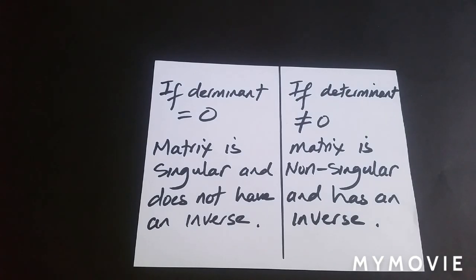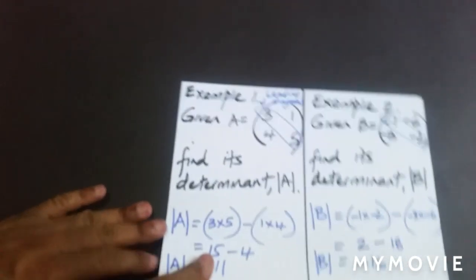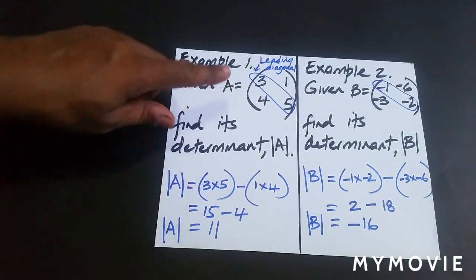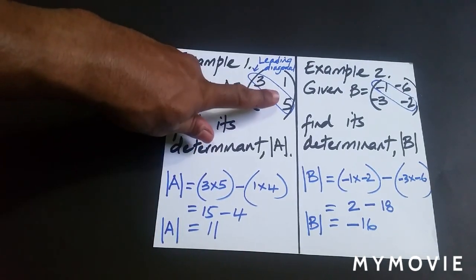So in other words, for a matrix to have an inverse, it must be non-singular and it must have a determinant that is not 0. In order for a matrix to not have an inverse, it must be singular and the determinant must equal 0. Now, having said that, let's take a look at the examples that we looked at. Based on the fact that in example 1, our determinant of matrix A, so matrix A is this.